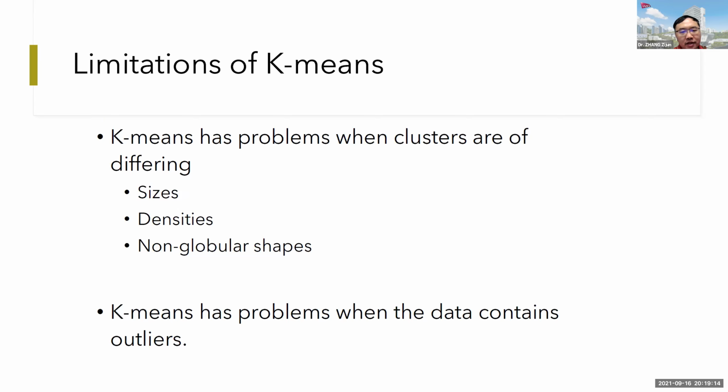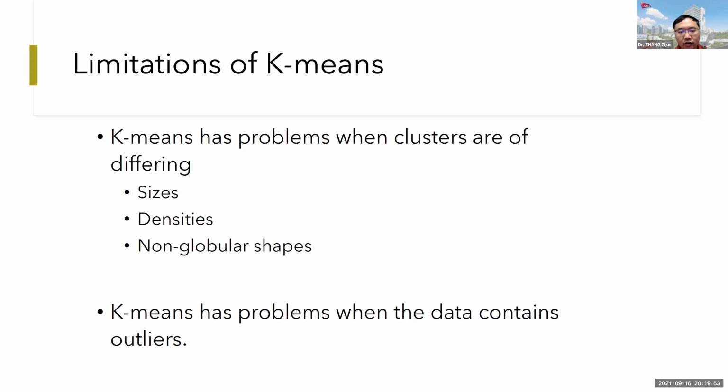Next we talk about limitations of k-means, the scenarios where k-means will not be a good choice. K-means can have problems when clusters have differing sizes, first, and second, differing densities. That means different clusters have different densities. Also when the data points have non-globular shapes in their spatial relationship.